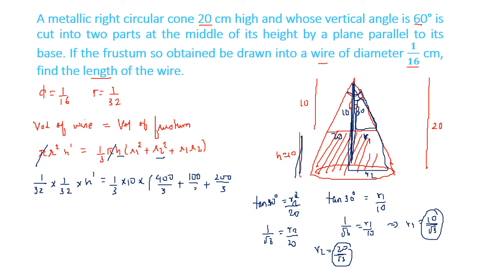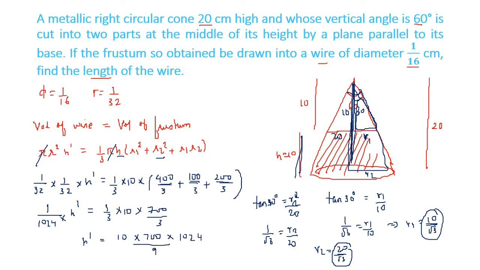So we have got 1 upon 1024 into h prime equal to 1 upon 3 into 10 into (400 plus 200, 600 plus 100) 700 upon 3. So h prime equal to 10 into 700 into 1024 upon 9.